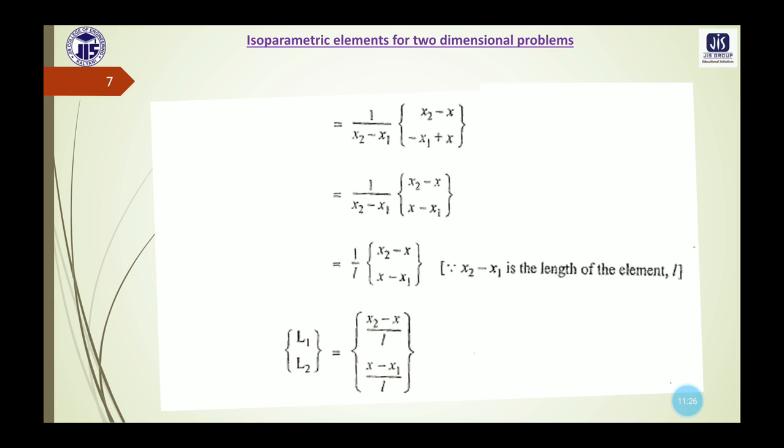In place of x2 minus x1, it is actually the length of the element, so we have written x2 minus x1 as L. So the column matrix of L1 L2, the natural coordinates, equals a column matrix of x2 minus x by L and x minus x1 by L. This is the formula that we need to remember, the formula for the natural coordinate matrix in one dimension.